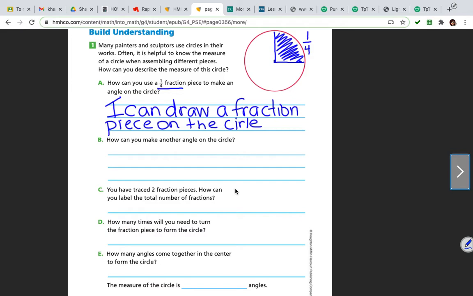But I want to use the center dot and draw another ray. So I can draw another piece.